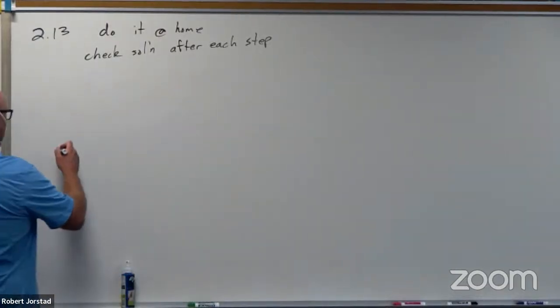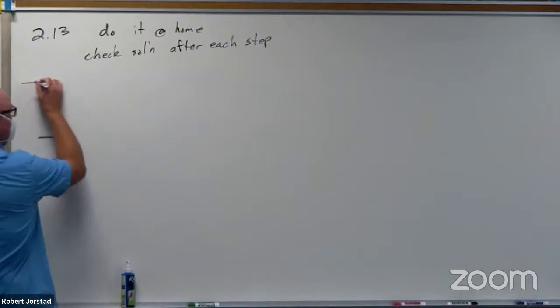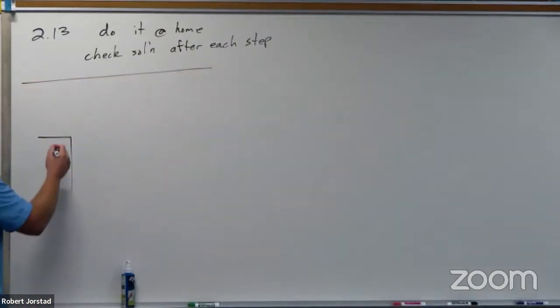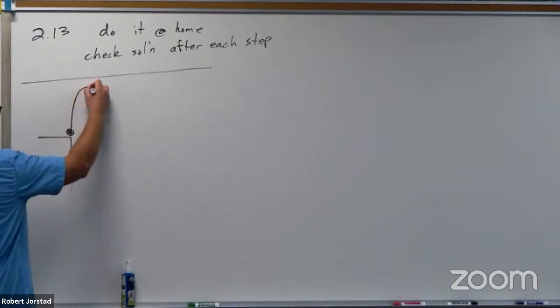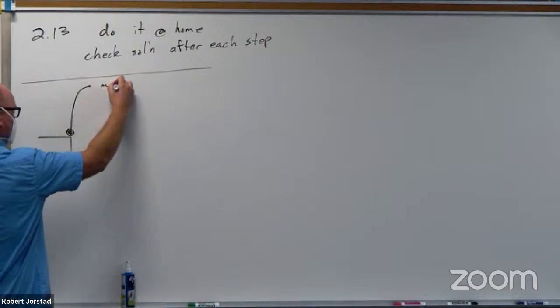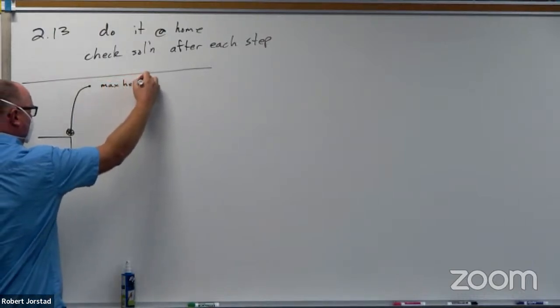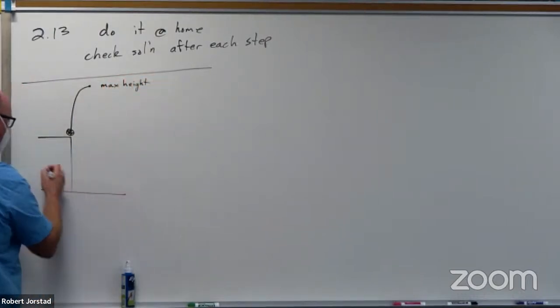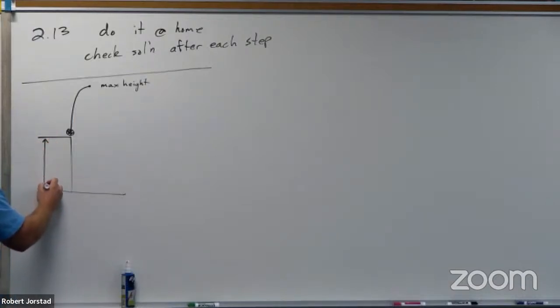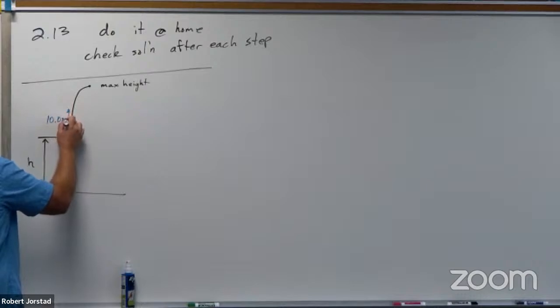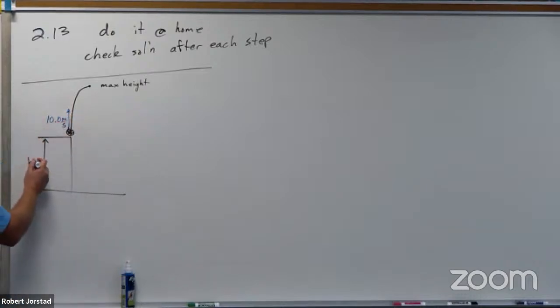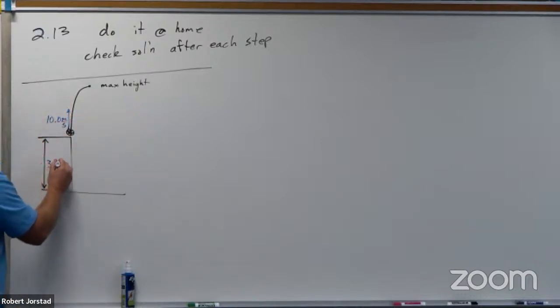All right, I'm just going to make up a fake problem so that you can make sure we get this one thing. Imagine I take a ball and throw it straight up and it reaches some max height. Maybe there's a height of the building, which we would call H, and maybe there's some initial velocity on the ball, like 10.0 meters per second. Maybe this height is 3.4 meters.